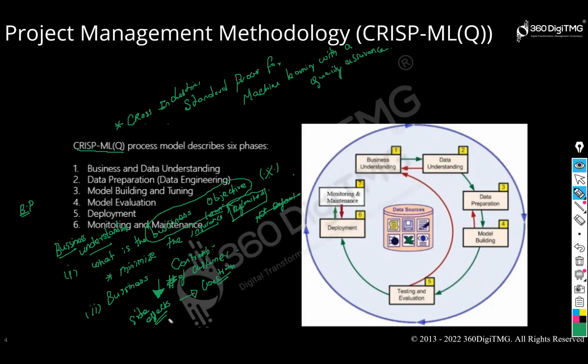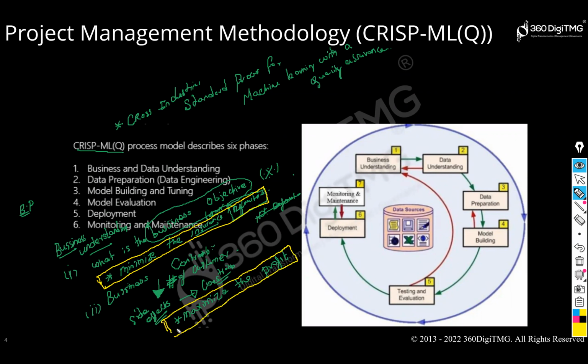So I can say my constraint is to maximize the profit. Now you can see the objective: minimize the insurance defaulters, minimize the loan defaulters, by maximizing the profit.